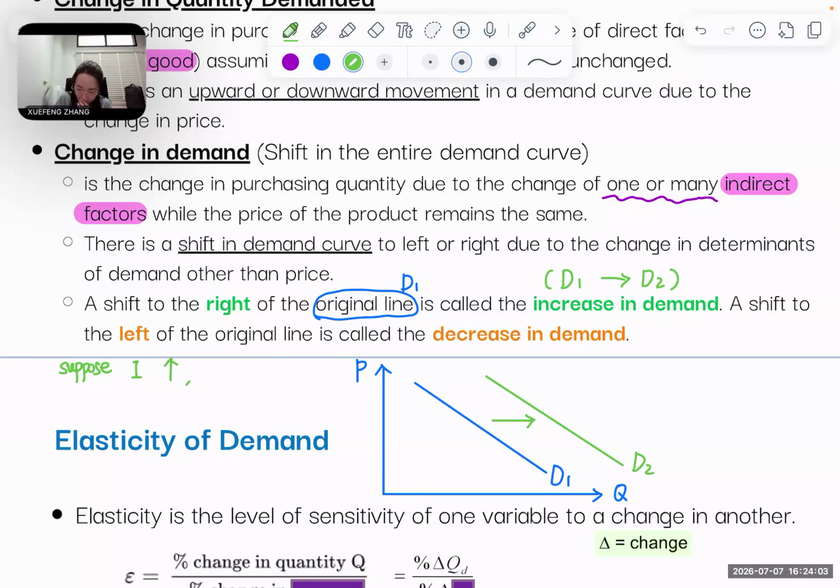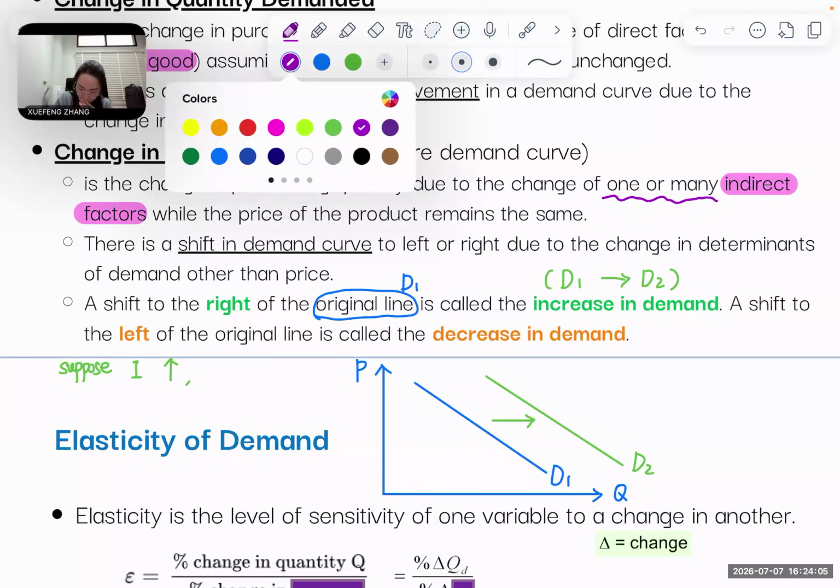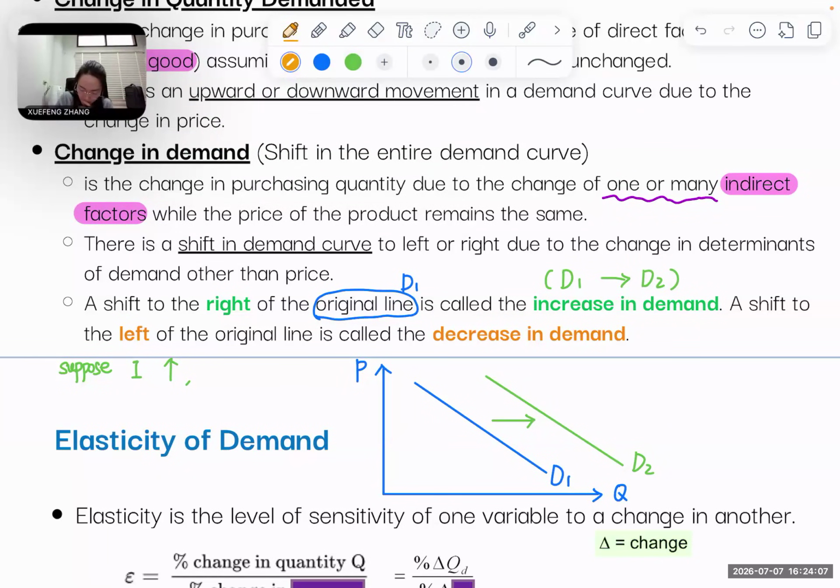And then suppose income decreases. The demand curve is going to shift to the left, and also it's parallel.